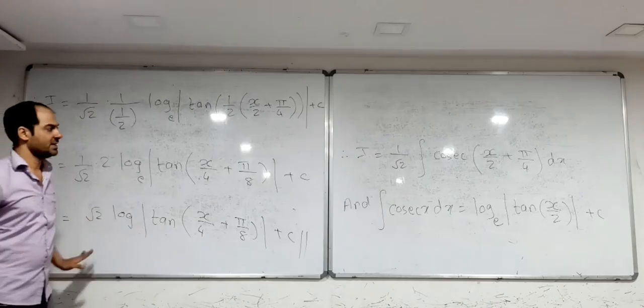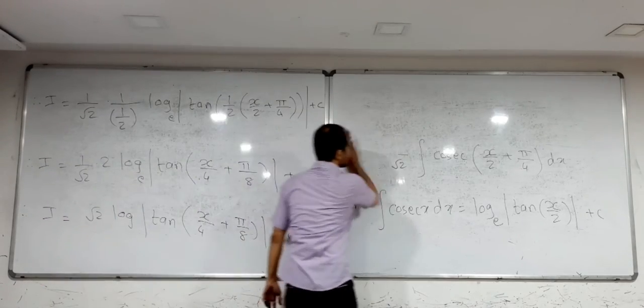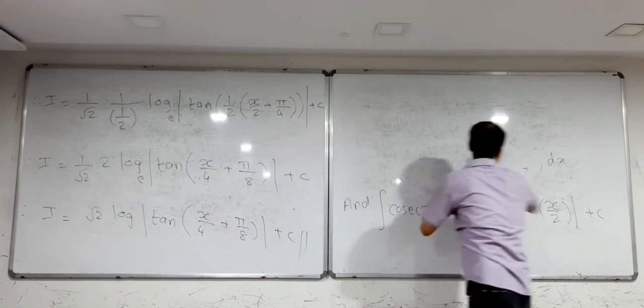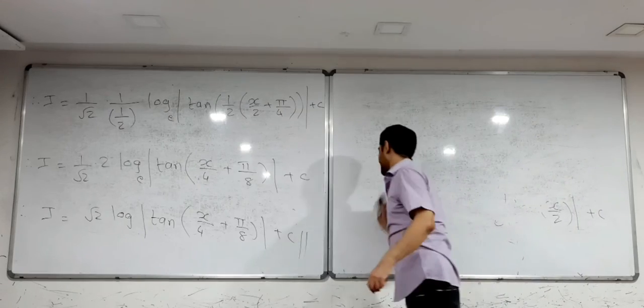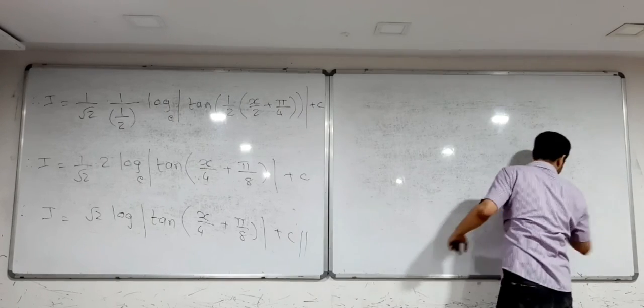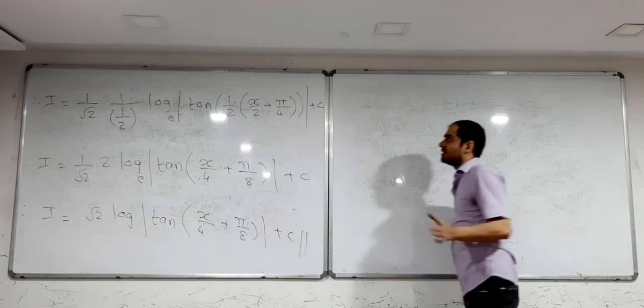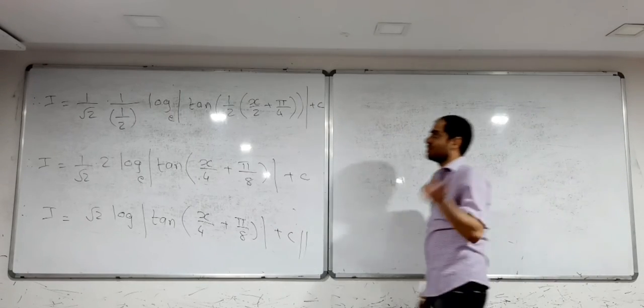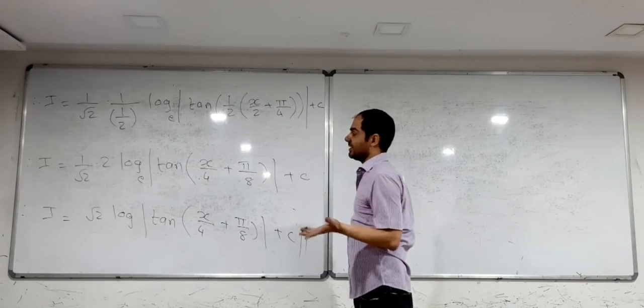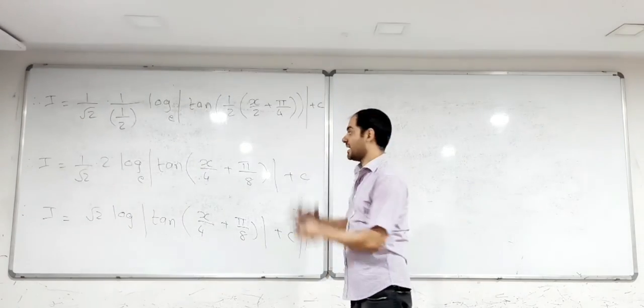So this is the final answer. और कौन सा रिजल्ट यूज किया? इंटीग्रेशन ऑफ cosec dx, right? So that finishes, you can say, 95% of all the subjective types which can come in your boards as well as JEE mains, and MCQs which can come in your boards and MHT CET, I have solved.